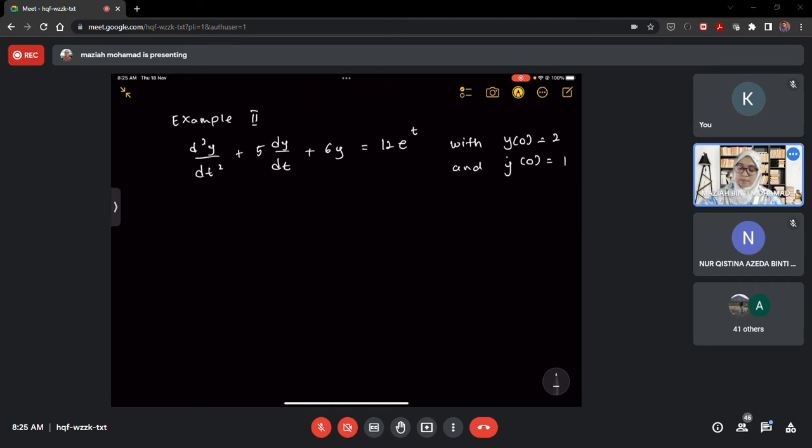All right. So what will be the Laplace transform for this? This is step number 2, because step number 1, the ODE, is already given. Step number 2 is Laplace transform.